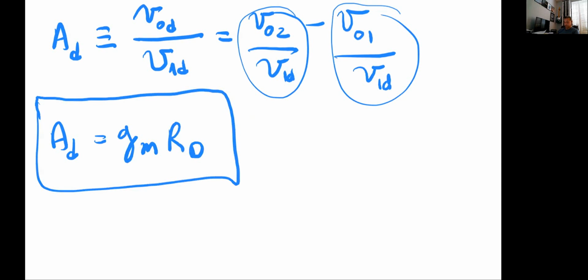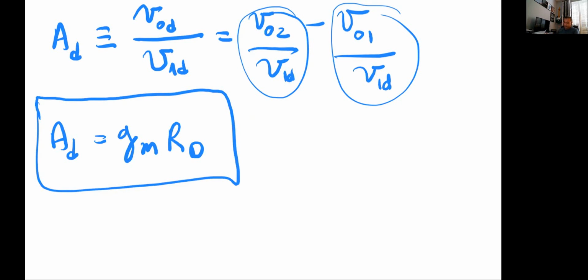But in the case of the way that we have defined the inputs and outputs, we have a positive gain, even though by themselves, each transistor has a negative gain, okay? That's what I was trying to say before.